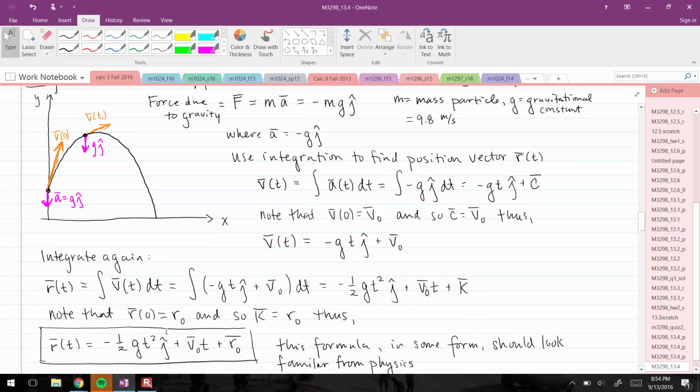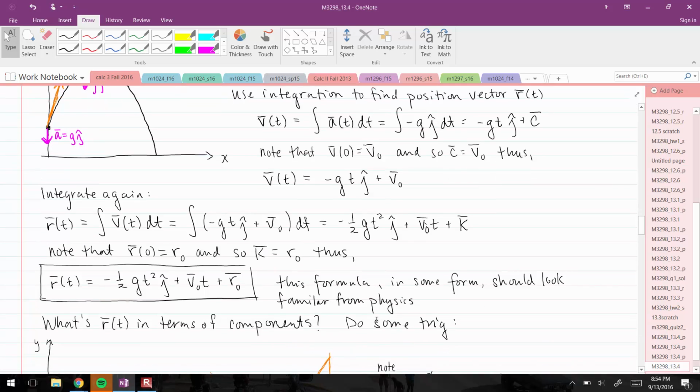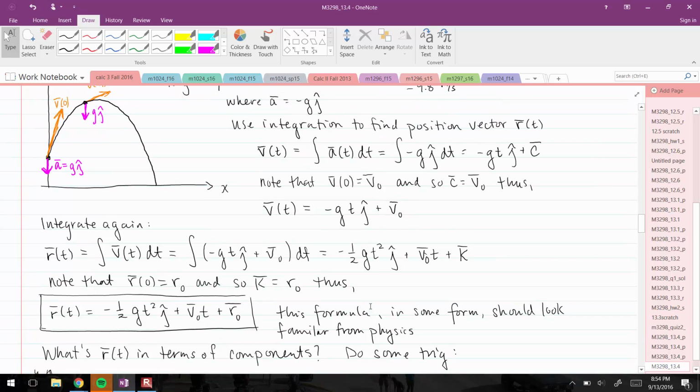So noting again that typically we know the initial position, or when t equals 0 what the position is, we'll call that r naught. There should be a line there. So that's what our big constant k is. I'm not drawing it in because the rest of my text boxes below will get messed up. Anyway, I think you can deal. So once we plug that in, we get this formulation here.